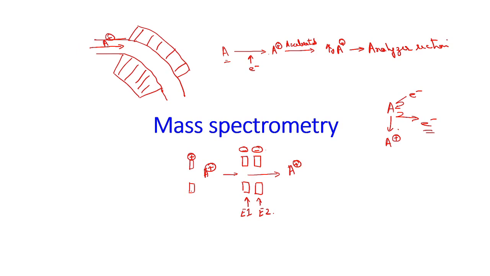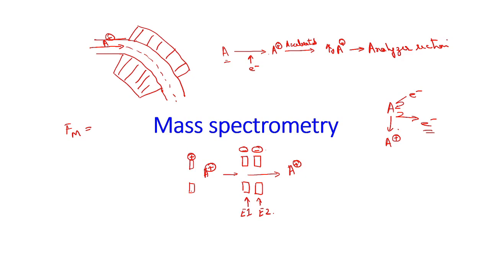okay. However, as soon as you are having this magnetic field, this magnetic field Fm will induce a centrifugal force onto the cations. Due to that reason, the cations will be moving in a circular path.